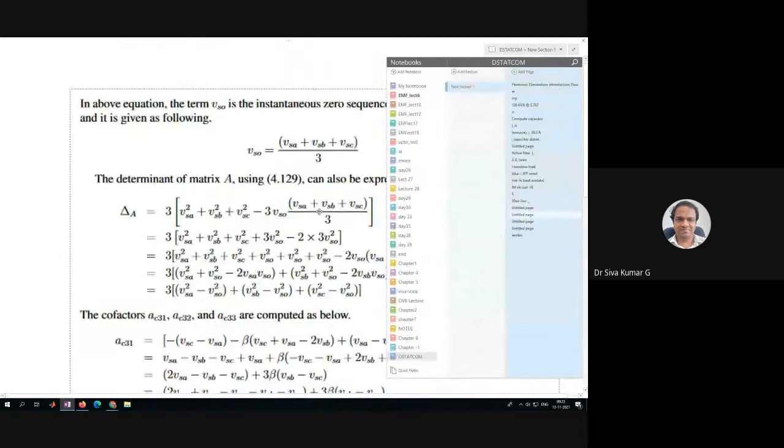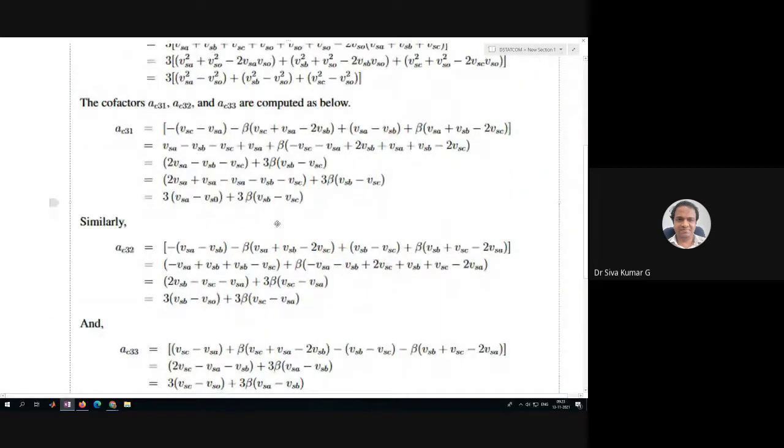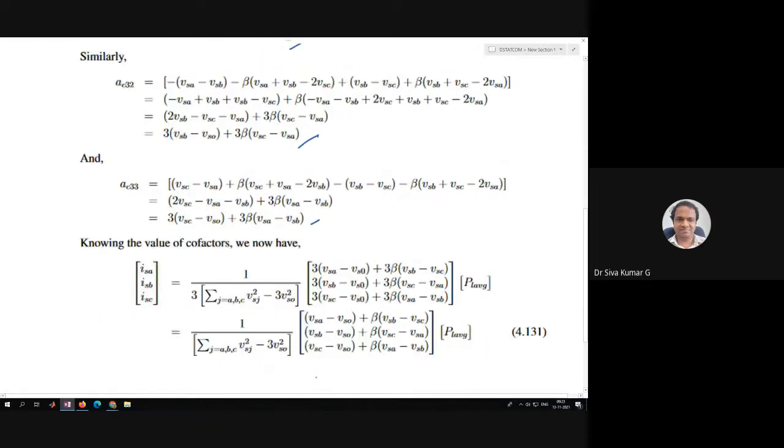Now here we get AC31. What exactly they have done is simple, not much difficulty in evaluating this. We get this equation, this equation and this equation. Now this is the matrix.